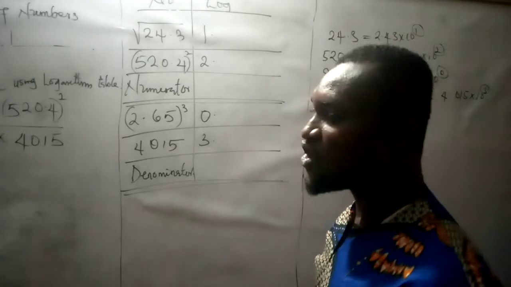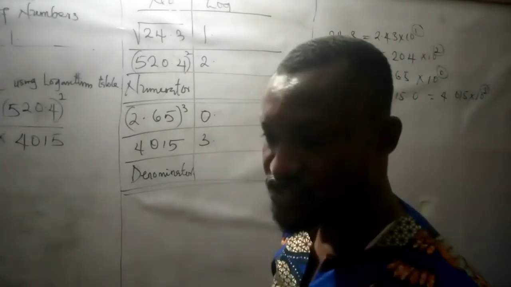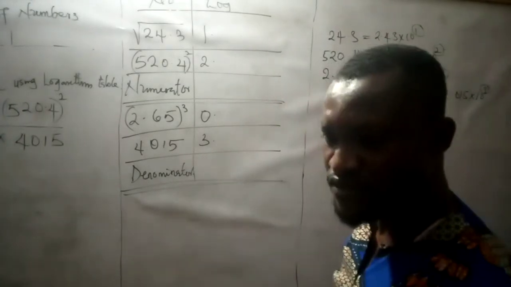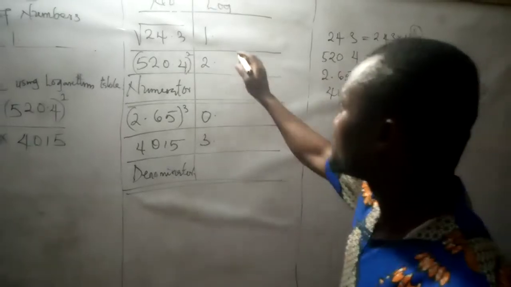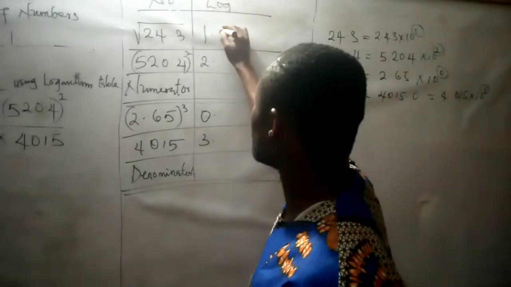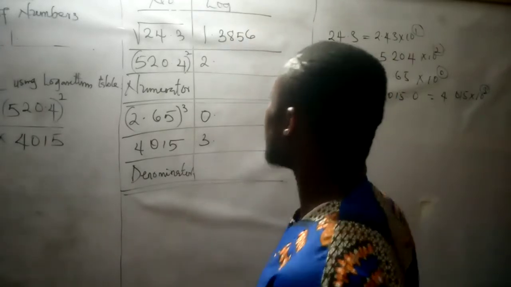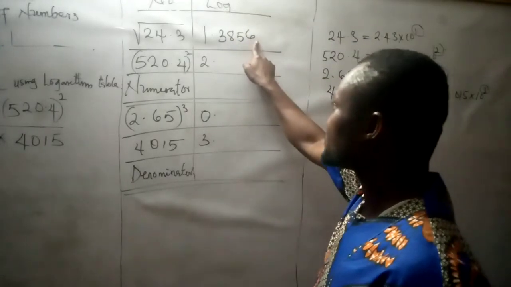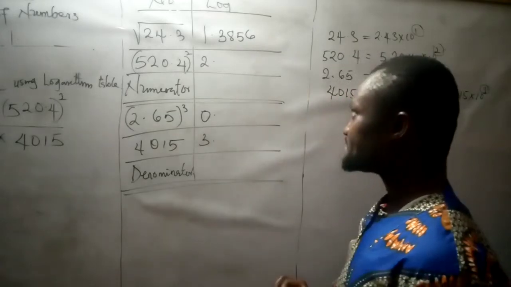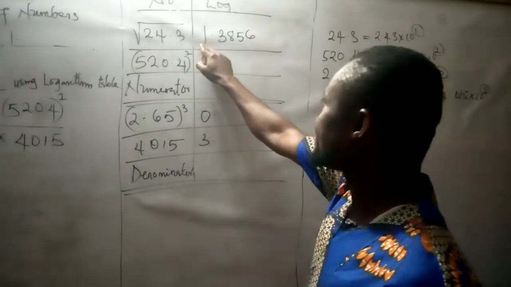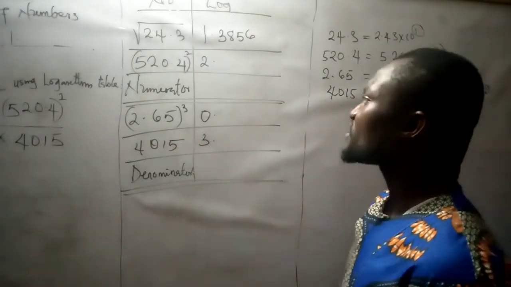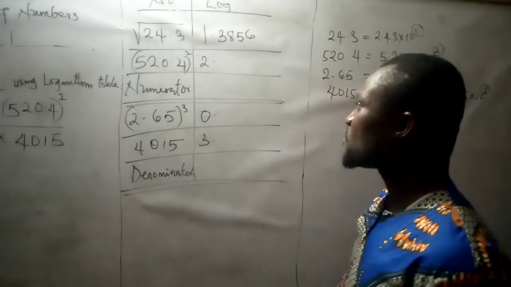So 24 under 3 will give us what? You check on it. What will be the answer, students? 3856. Now 3856 is the mantissa, while the characteristics is 1. Now let's check the next one there.